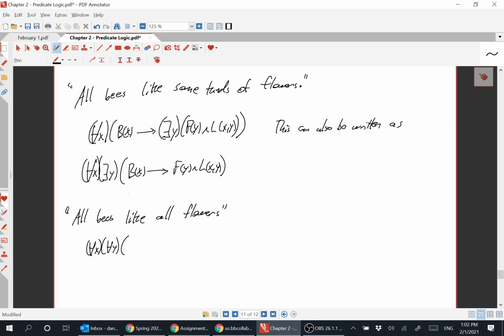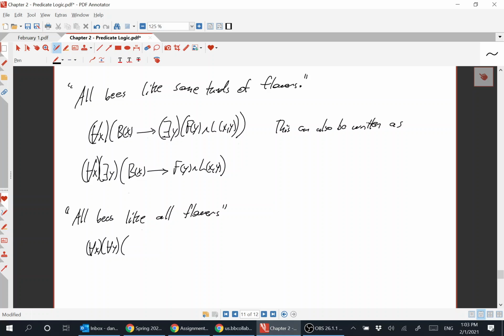So say it as an if-then. For every X and every Y, B of X implies L X Y. Well, you need to figure out if it's a flower, Y. You need to identify it as a flower.